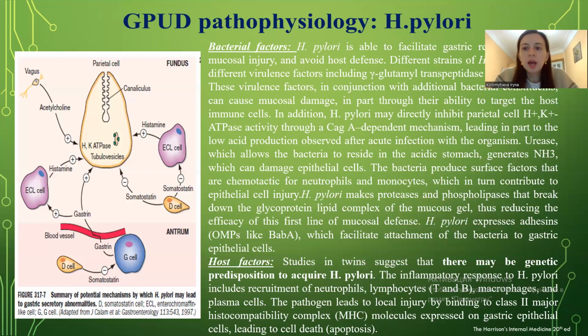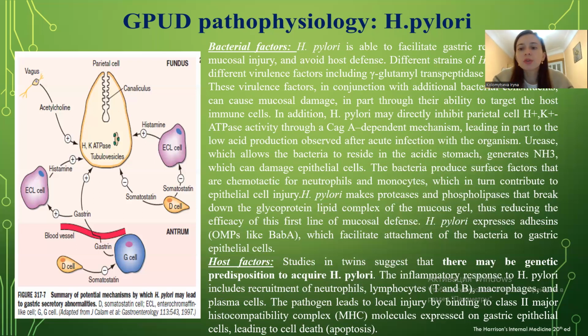Helicobacter pylori expresses adhesins, which facilitate attachment of the bacteria to gastric epithelial cells. And host factors. Studies in twins suggest that there may be a genetic predisposition to acquire Helicobacter pylori.